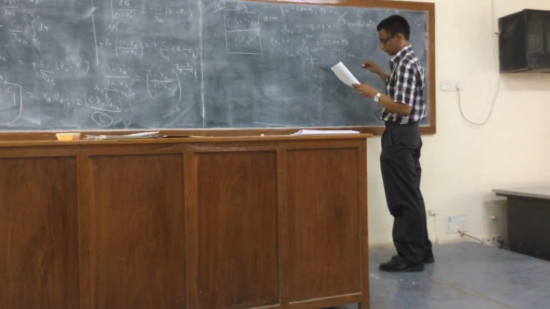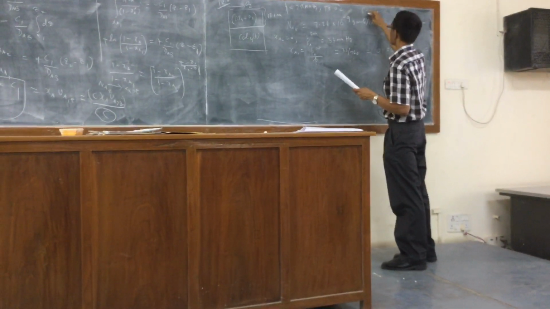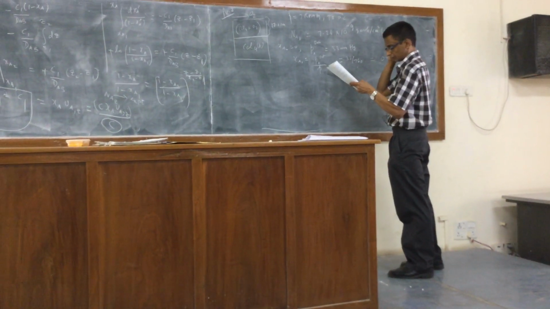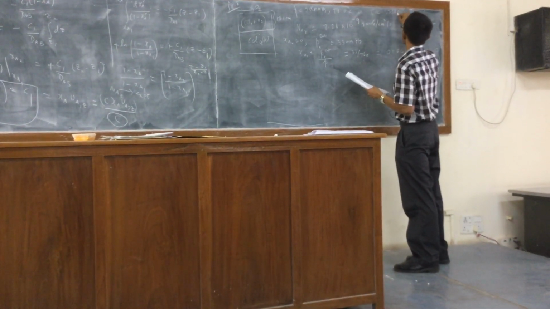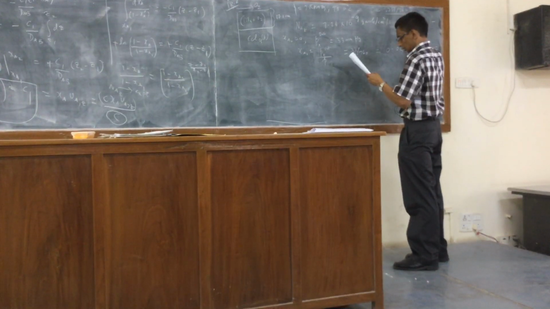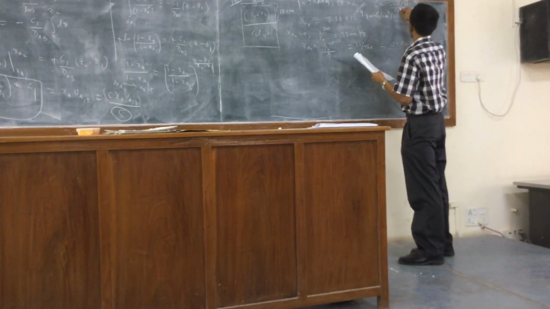So P is 755. You have to check the units properly. I think I put this in terms of atmosphere. So 755 by 760, and R is 0.082.